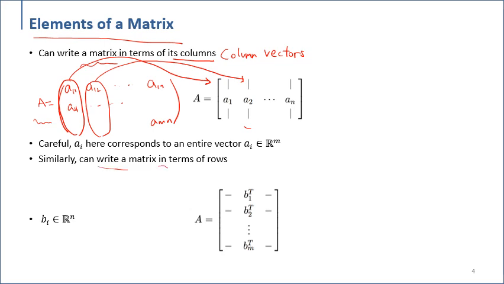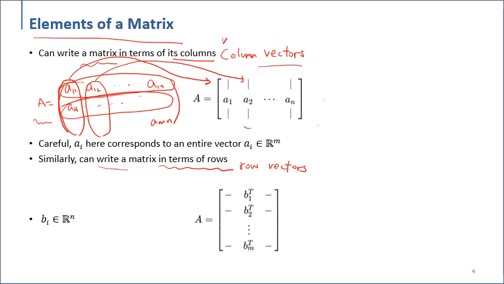Similarly, the A matrix can also be interpreted in terms of its rows, or its row vectors. In this case, this vector is the first row vector, and this is the second row vector. As a convention, we write a vector in the form of a column vector.